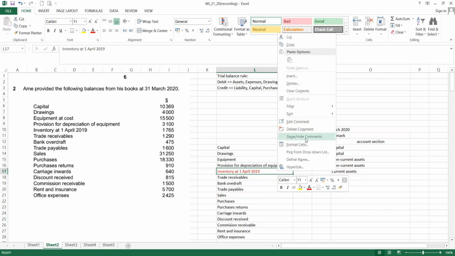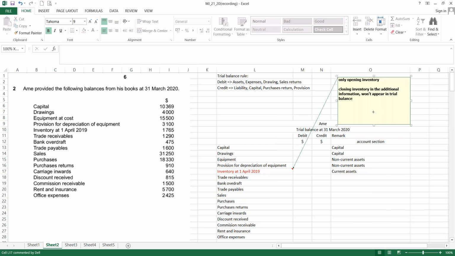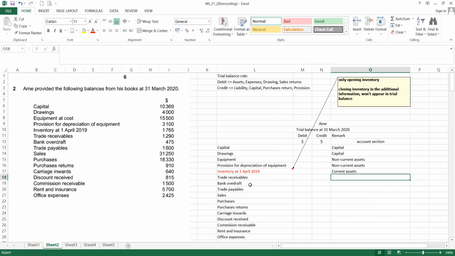Okay, let me share it. Take note about the inventory in case they have two inventory amounts to show. Trade receivable, current asset. Bank is an asset, current asset. If they put bank overdraft, that means this is a current liability. Next, trade payable is a current liability.